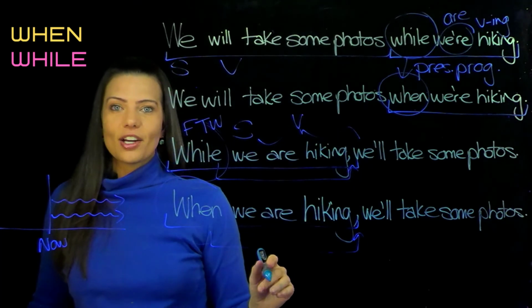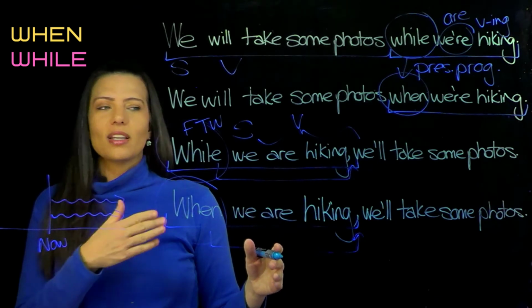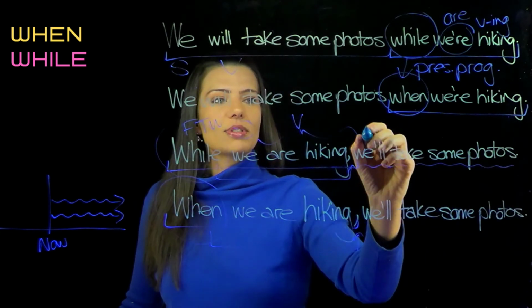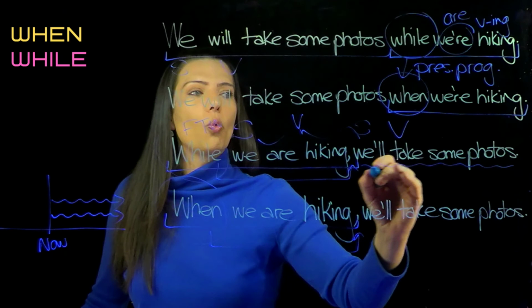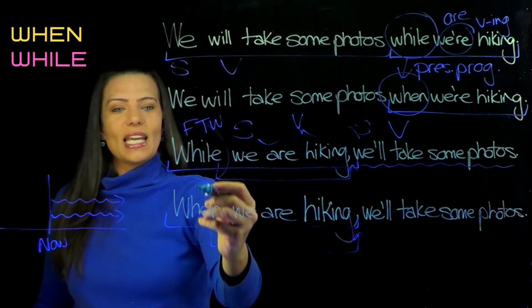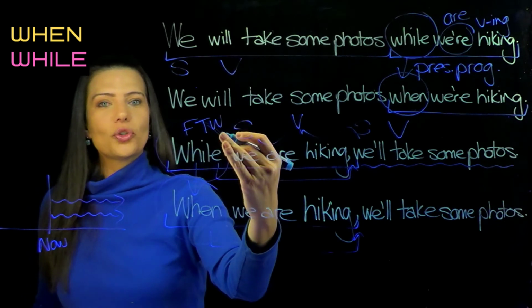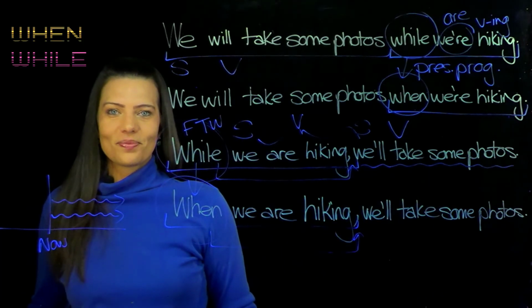So in this case here, the verb again is in the present progressive. It's in present, not in the future. The main clause, we will take some photos. Here we have the subject, we, and then the verb, will take. In the fourth example, these again are exactly the same. We can choose while or when and keep everything constant.